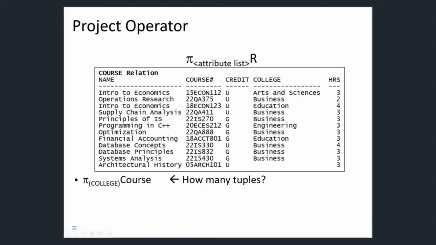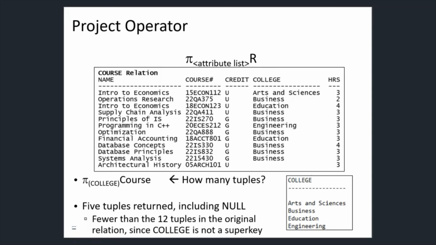Okay, so here we have our first example of a project operation, and here we're saying that we want to obtain the college column from the relation course. So we only want to return the college column from our relation course. As I'm sure some of you suspected, the project operation to select college from course returns 5 tuples.